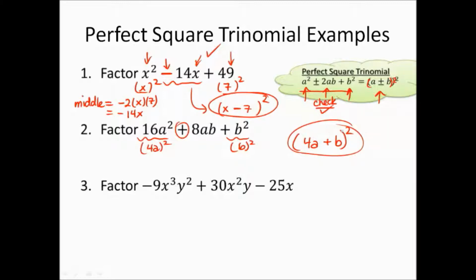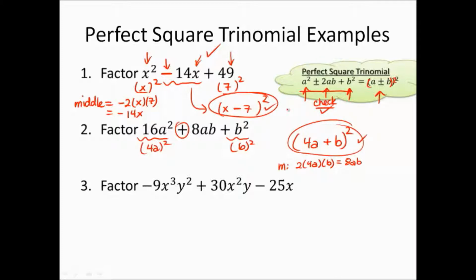If you multiplied all this out, you'd notice that the middle term would be double the first times the last. If you don't like this way, you can expand it completely and check the middle term that way as well. But yes, this is 8ab, so therefore that is correct.